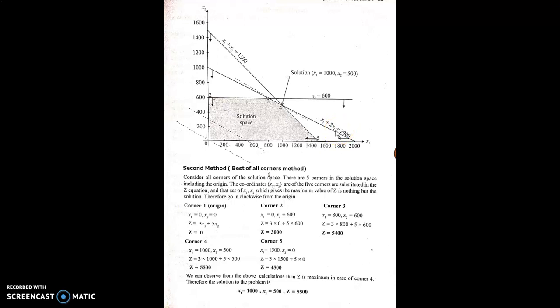Less than or equal to means whatever space is below this straight line. So whatever is below this straight line, that is solution space. Even this is also solution space. This entire thing is the solution space for the given equation.